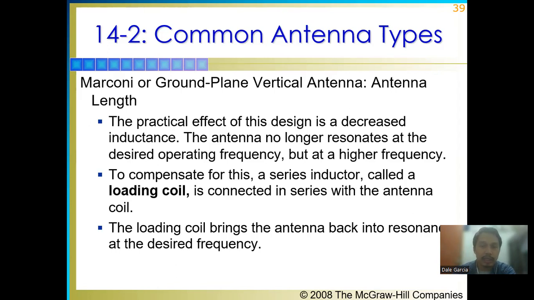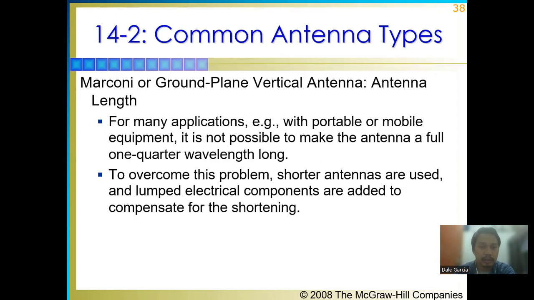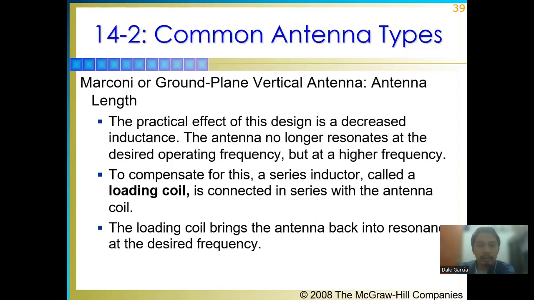So the practical effect of this design is a decrease in inductance. What problem? To overcome this problem, with shorter antennas, lumped electrical components such as resistors, inductors, and capacitors may be added to compensate for shortening. The practical effect of this design is decreased inductance.